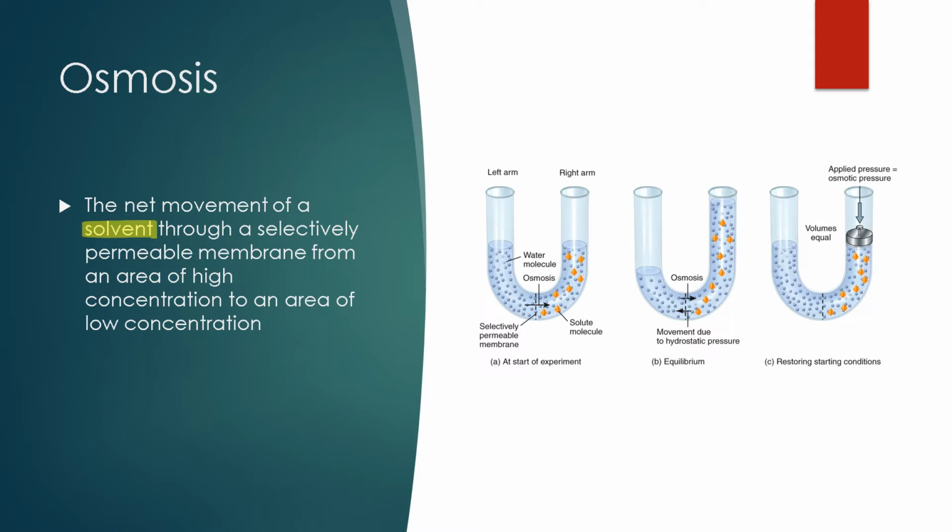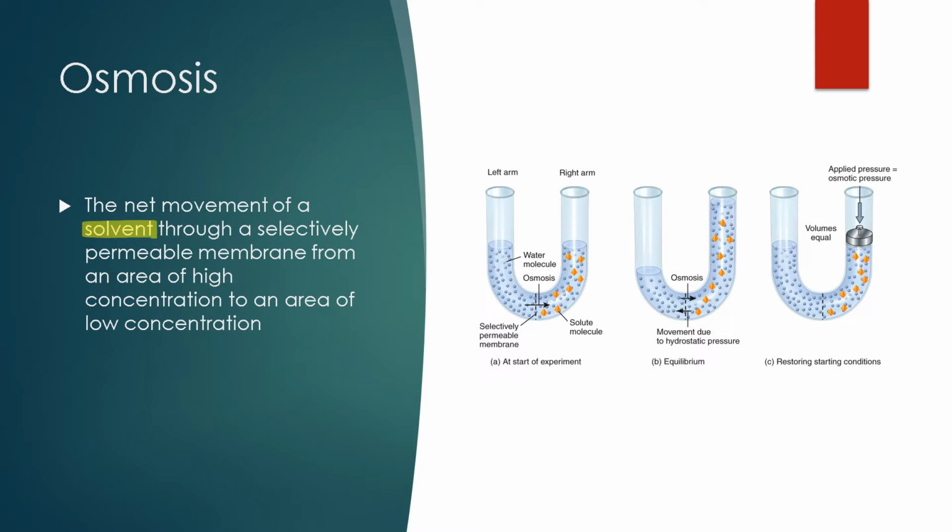Whereas osmosis is the movement of the solvent, generally water and not the solute. In living systems, this is mostly water. So osmosis, for our purposes, is the passive movement of water across the membrane and not other molecules.